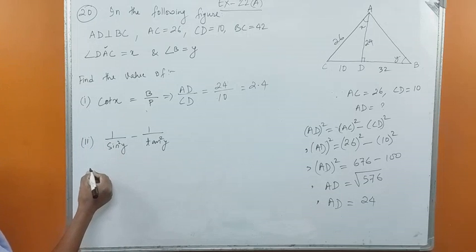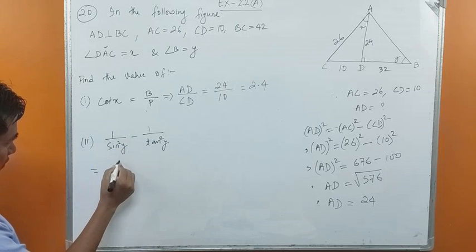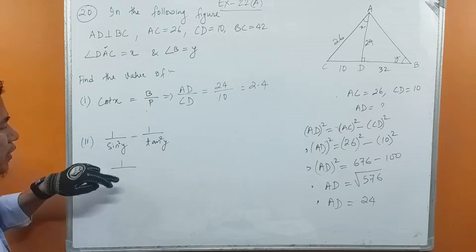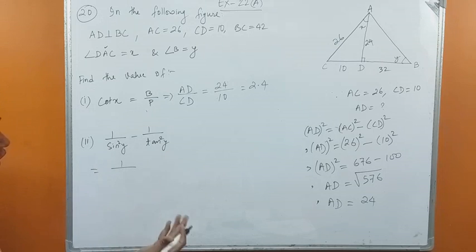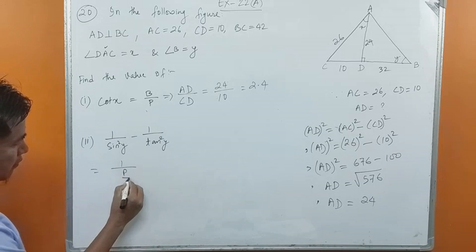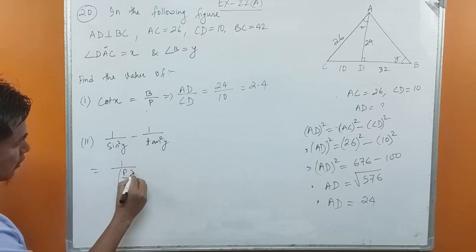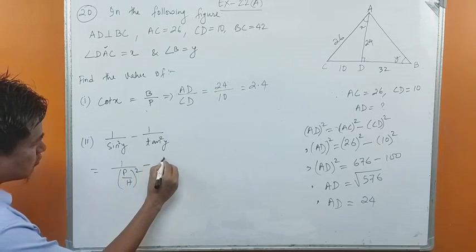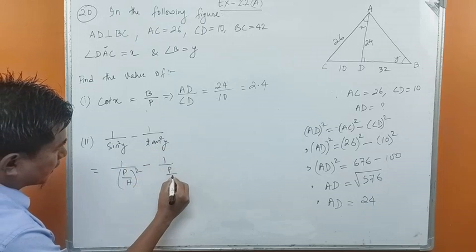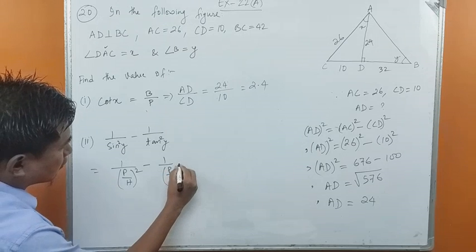Now let us find the value of 1 upon sine square y minus 1 upon tan y. 1 upon sine square y means 1 upon perpendicular square upon hypotenuse square; some people write perpendicular upon hypotenuse whole squared. Minus 1 upon tan y, same angle, so perpendicular upon base whole squared.